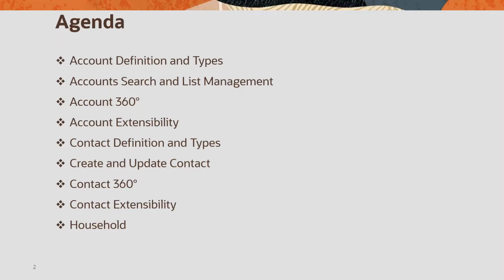We can cover the different types of searches in list management and account search. We can also see the account 360-degree view, where we can see all the combined, integrated information for a particular account.